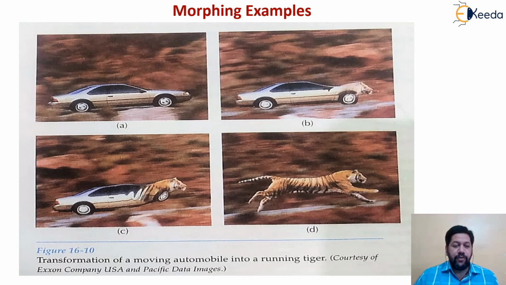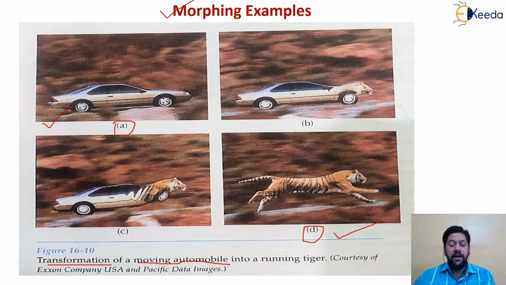I think this is a very good diagram which shows the morphing effect. This is my original object, my car. It shows the transformation of a moving automobile: while the car is moving, in between the drive, it is converted into a running tiger.